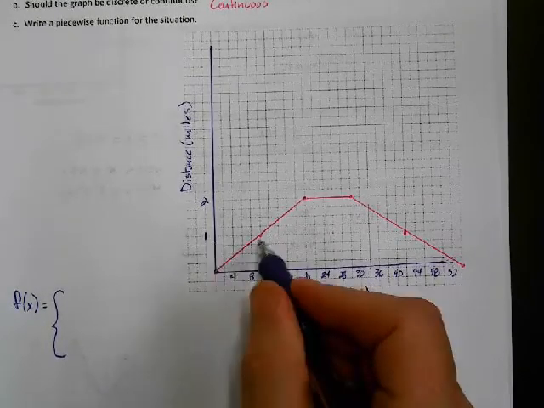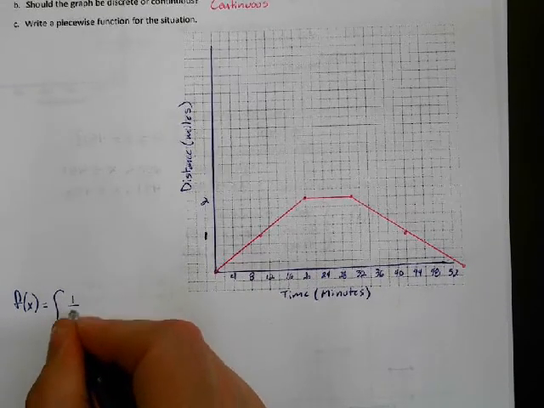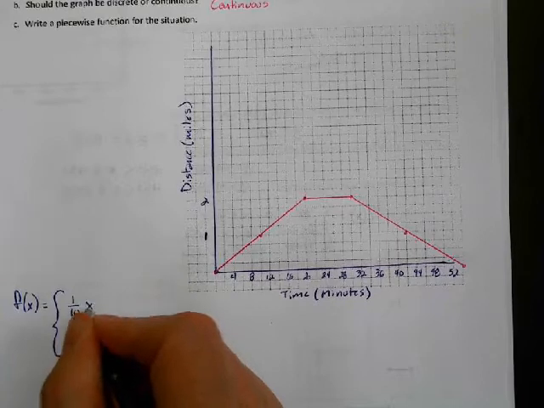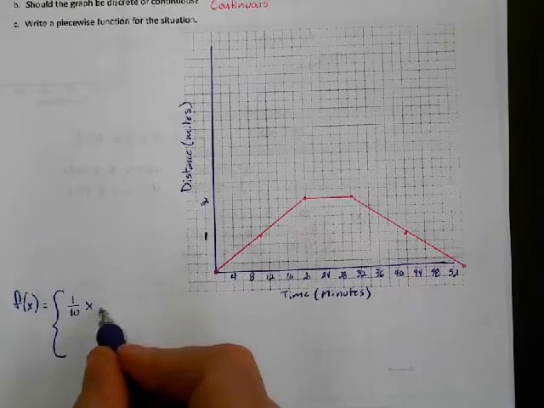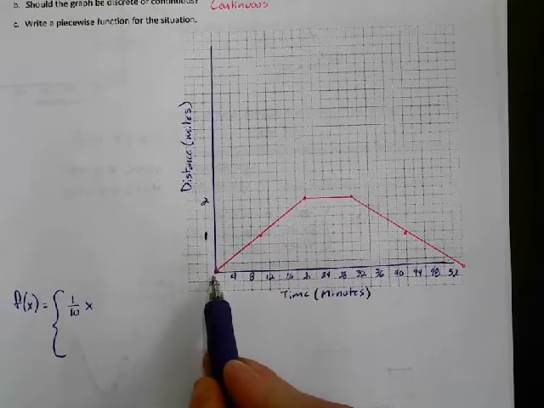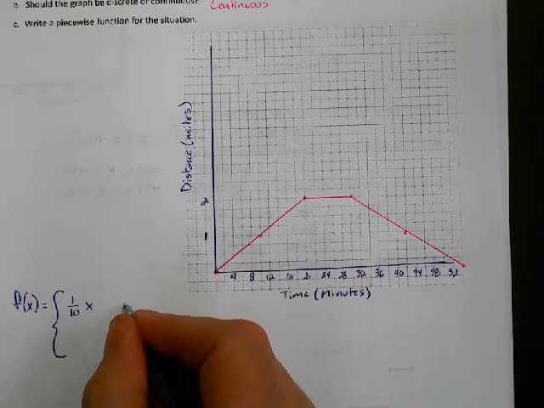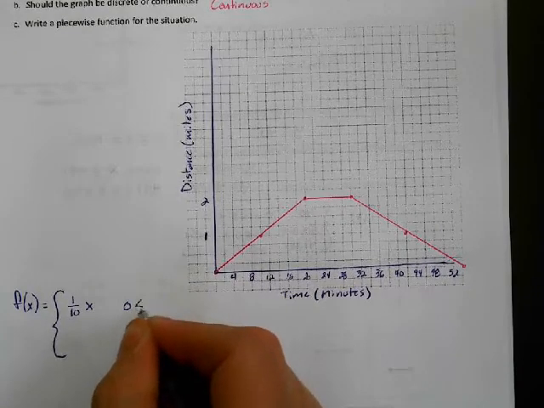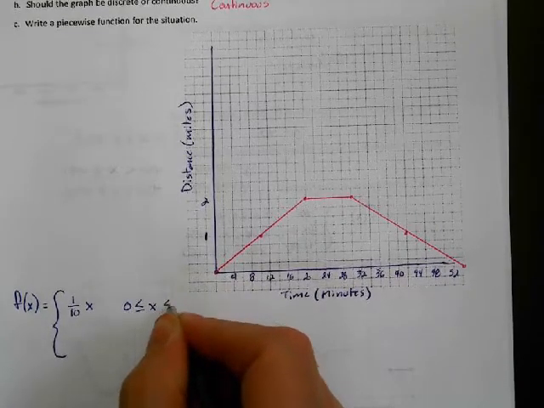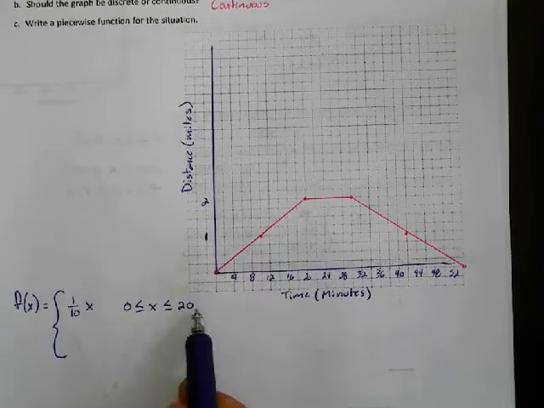So my slope is 1/10. And my y-intercept was 0, so just 1/10 of x. And we do that from 0 minutes until 20 minutes. So the domain for this one is 0 less than or equal to x less than or equal to 20 minutes. So for the first 20 minutes, this is our equation.